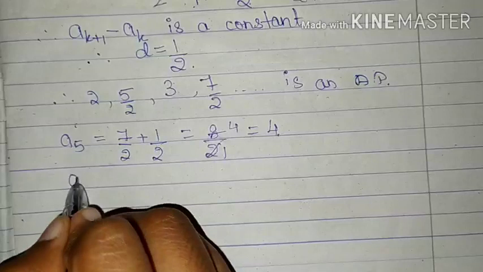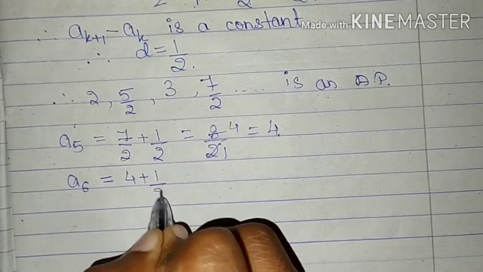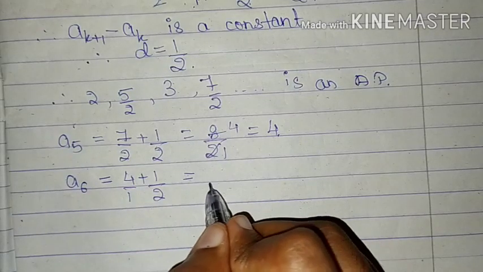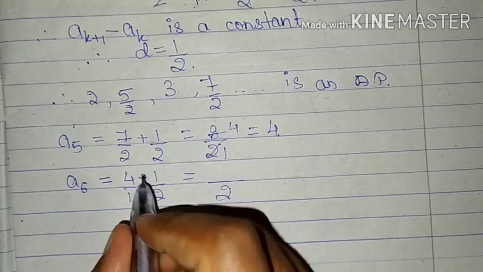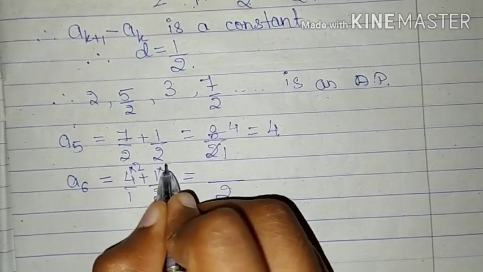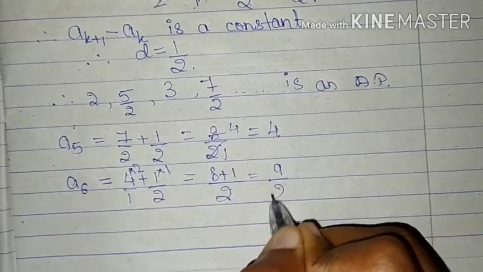Now, a6 is equal to 4 plus 1/2, right? Once again, the LCM of the denominators is 2. So multiplying by 2 and by 1, we get 8 plus 1, that is 9/2.